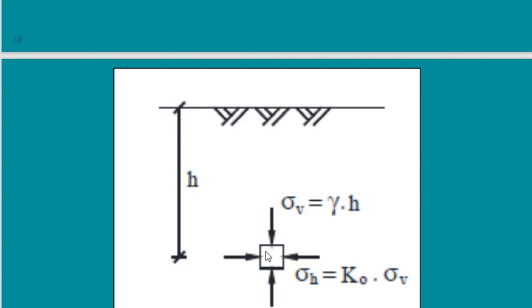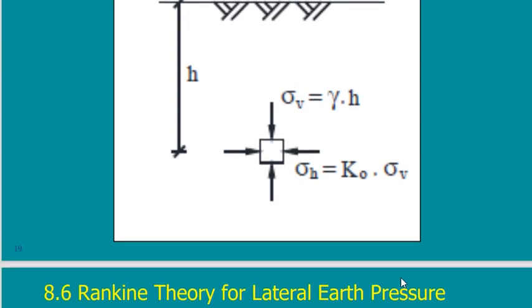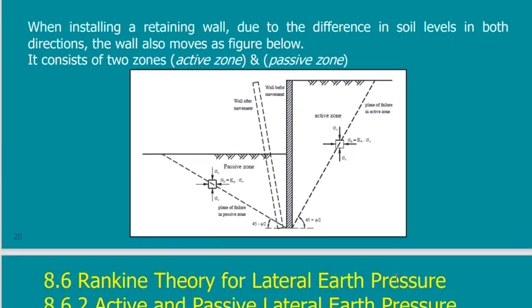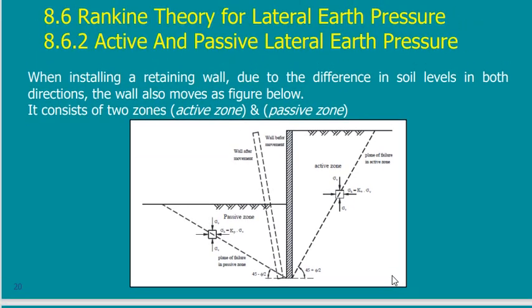It is in place, stable. So when it is stable and there is a vertical load, part of it will act horizontally. This part is equal to K naught sigma V. This is in case of at rest. But do I always have the case that the soil is at rest? No.